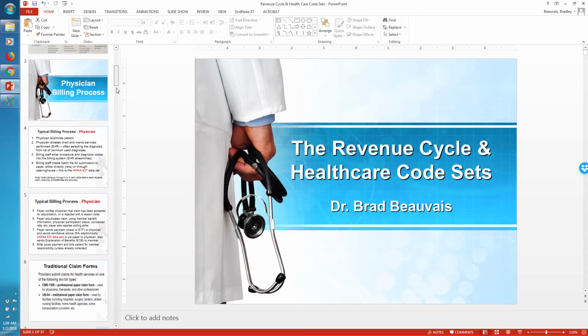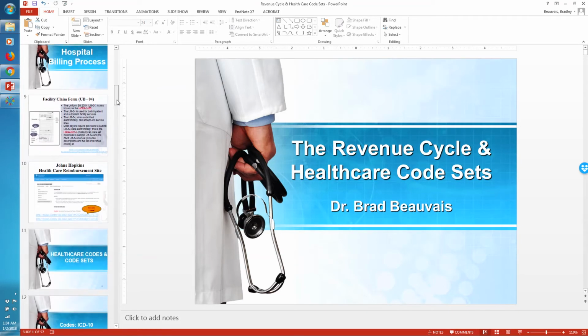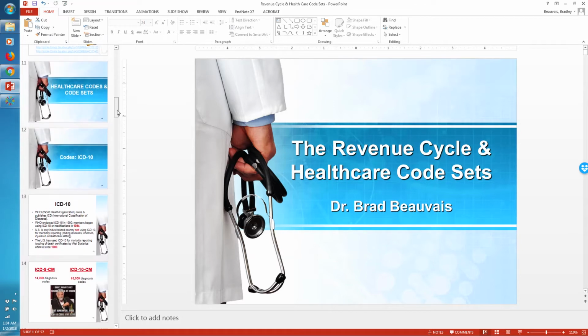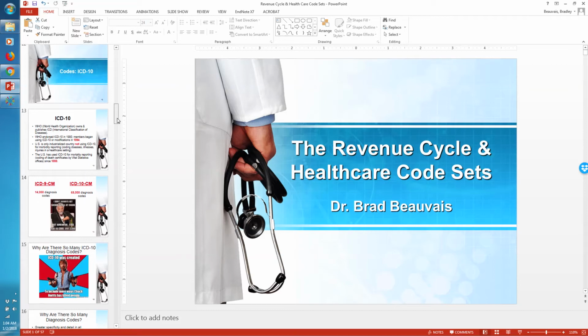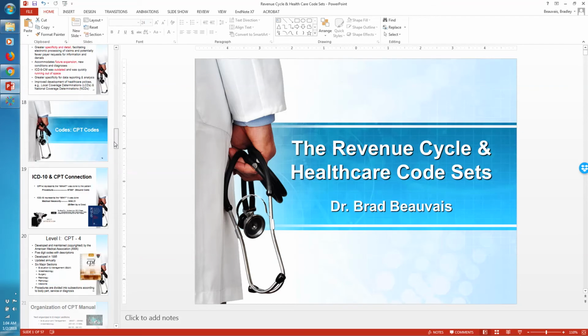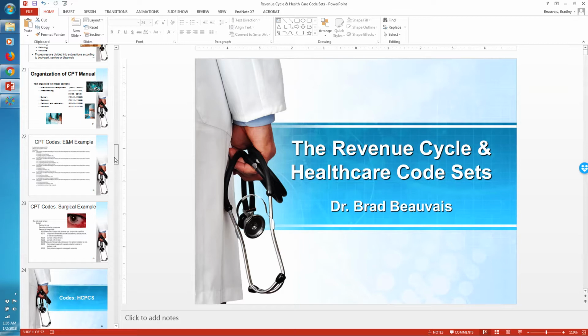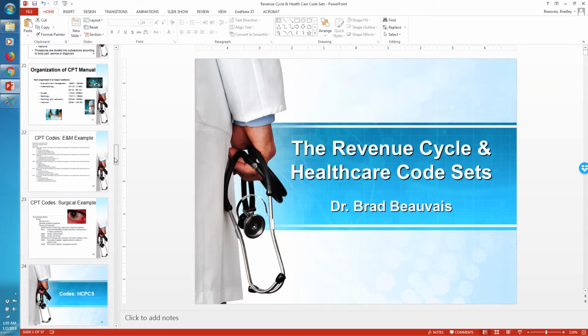So very quickly I'll show you. I'm going to cover basically in this particular session up through about slide 10. And then everything after slide 10 are many of the code sets that we are going to use repeatedly, and you'll hear referenced very often within the healthcare operating environment.